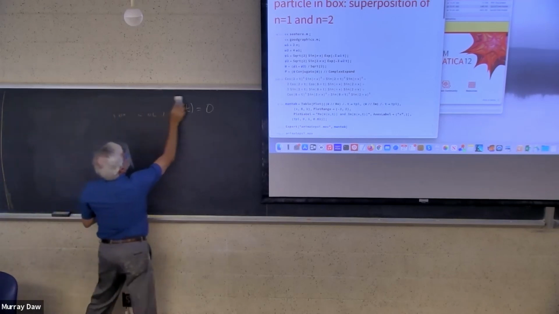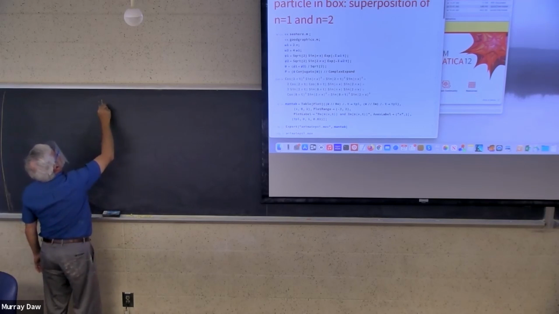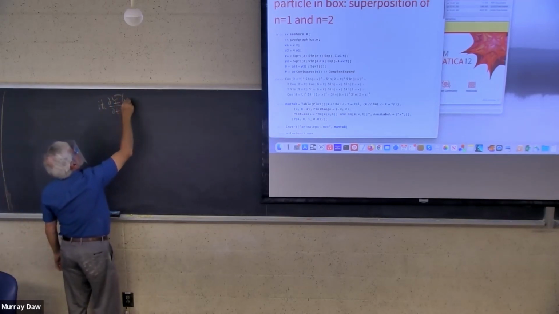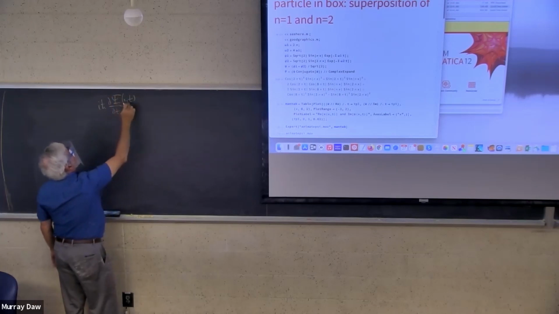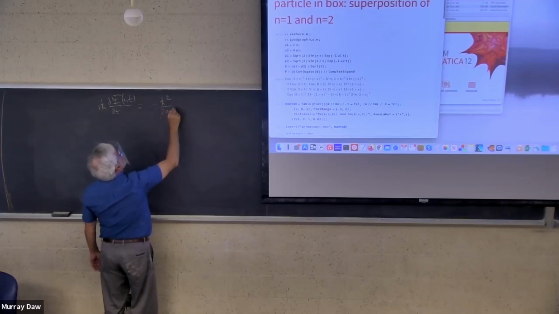We start off with the time-dependent equation. We use capital psi to deal with a wave function of both x and t, so we haven't yet separated out the time dependence.